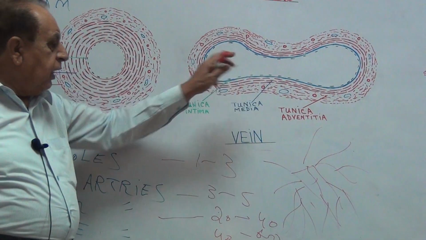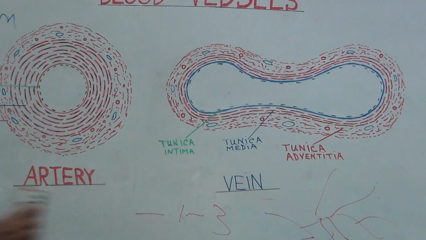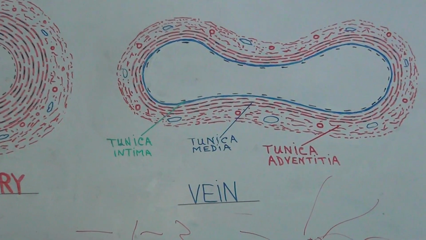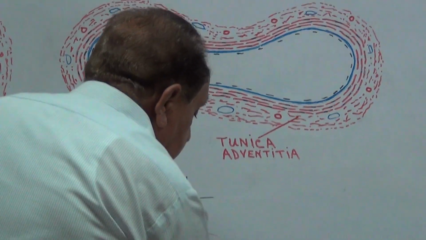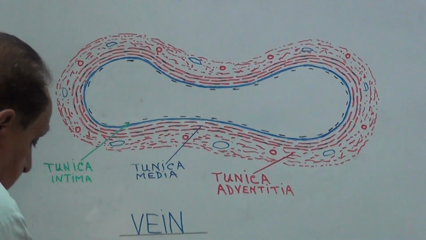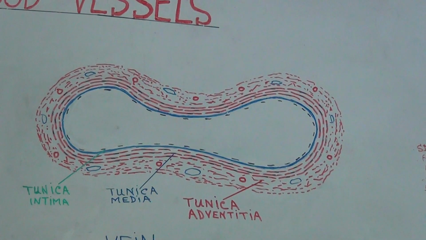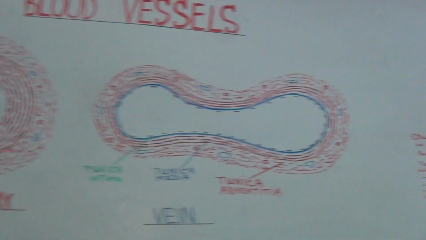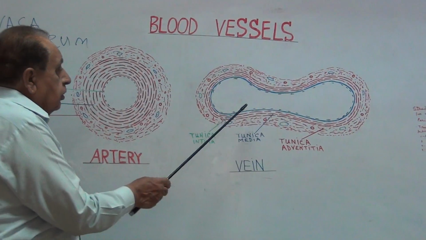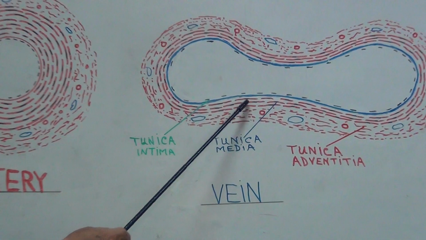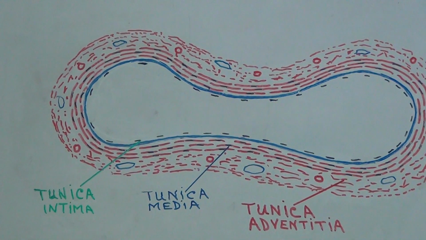Now veins also have 3 tunics or coats: tunica intima, the innermost one, outer to that tunica media, and tunica adventitia.